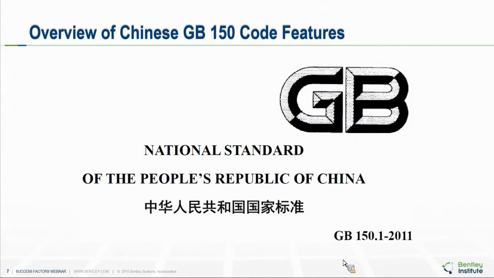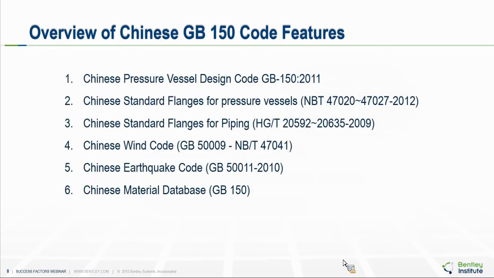Now let's look at an overview of the Chinese GB 150 code. Like I mentioned, it is the standard for designing pressure vessels in China, and the version we are using is 2011. So what are the features of GB 150 that have been incorporated in AutoPIPE Vessel? You have the Chinese pressure vessel design code GB 150 version 2011.